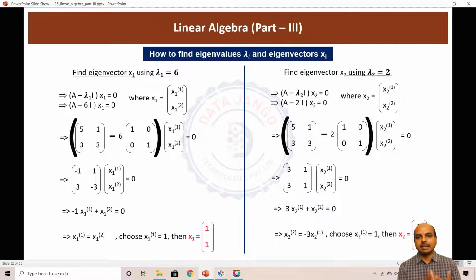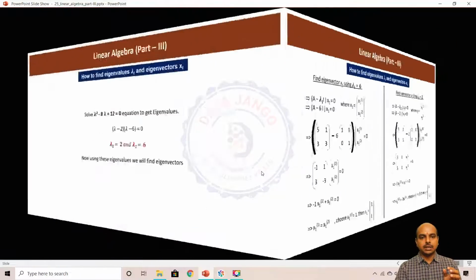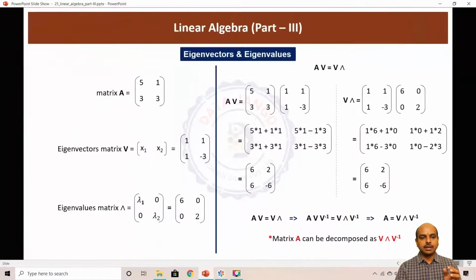Once after getting eigenvectors and eigenvalues, you can combine the eigenvectors into one matrix like this, and the eigenvalues into a diagonal matrix. That is eigenvalue decomposition.